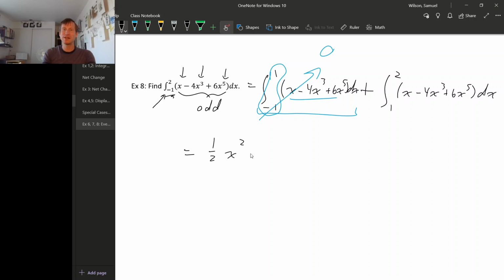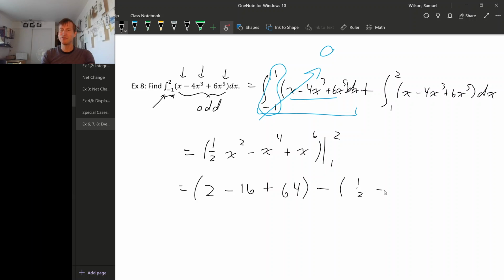1/2 x squared minus x to the 4th plus x to the 6th. And we're going to go from 1 to 2. So plugging in 2, we get, let's see, 2 squared is 4, over 2 is 2, minus 2 to the 4th is 16, plus 2 to the 6th is 64, minus, and then plug in 1.